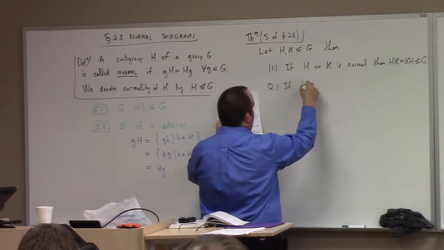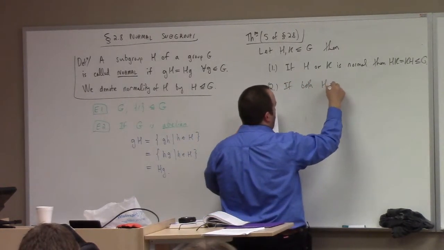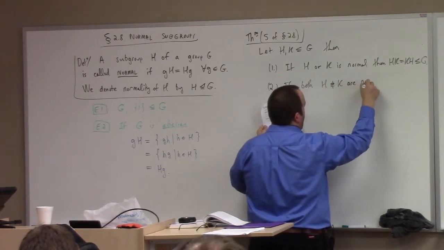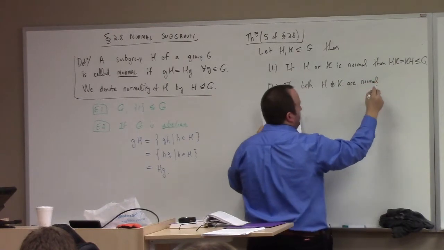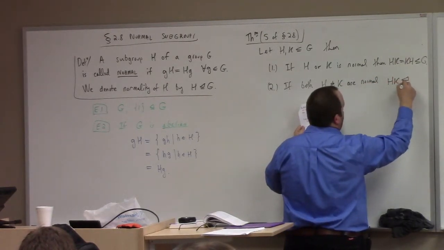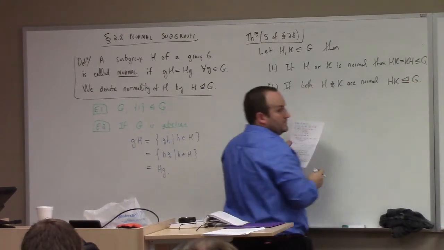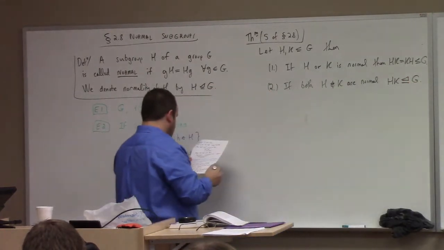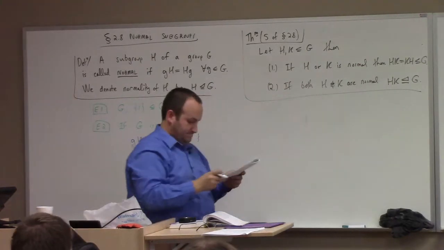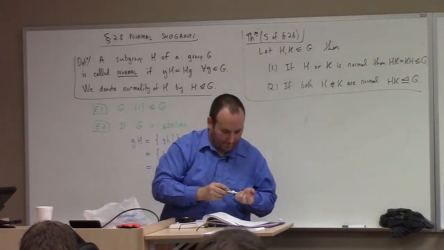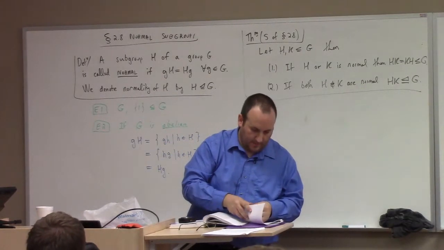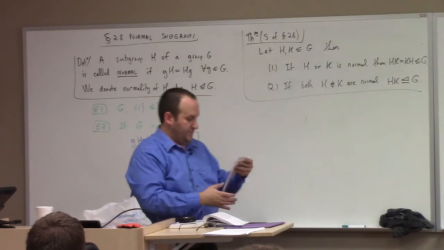If both H and K are normal, then guess what? HK is a normal subgroup of G. That's theorem 5. The proof is not difficult.